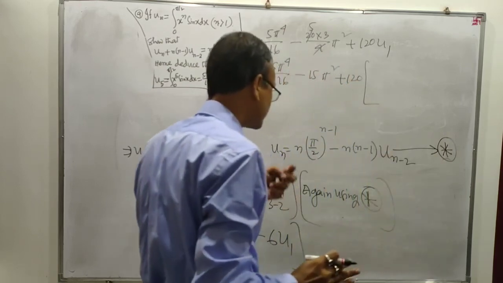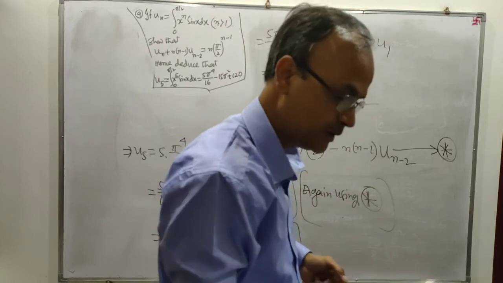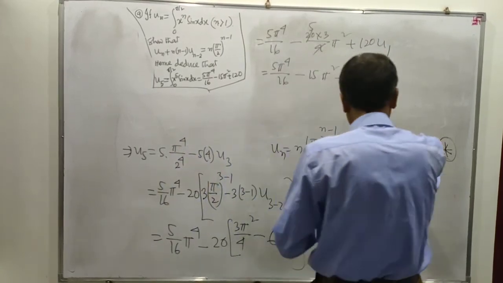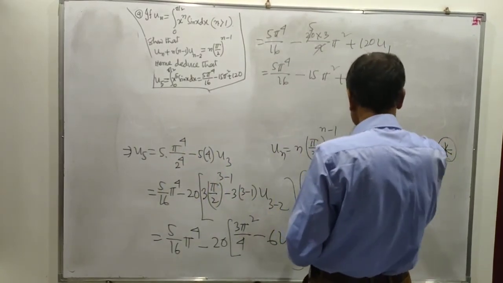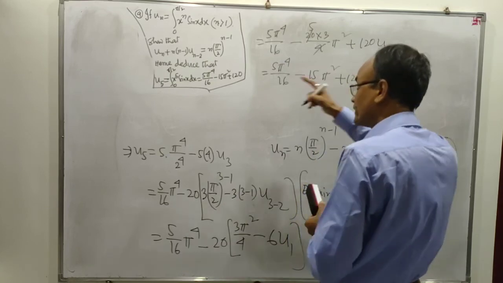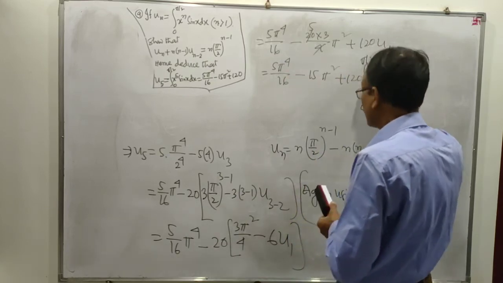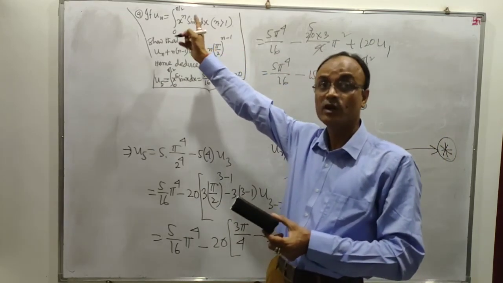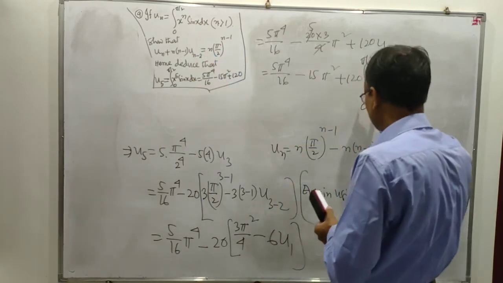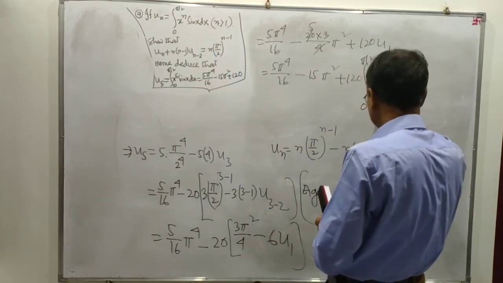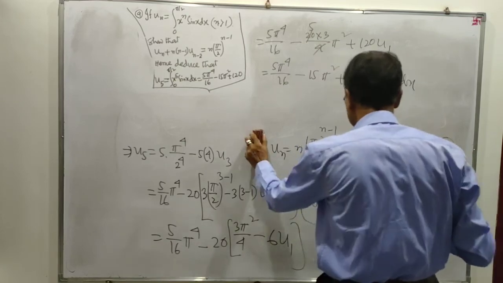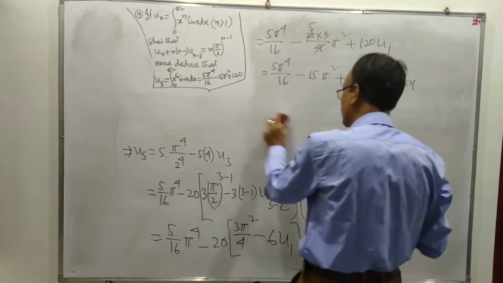What is u1? u1 is integration 0 to pi by 2, in place of n you will have to write 1, x sin x dx. Now integrate this by parts.